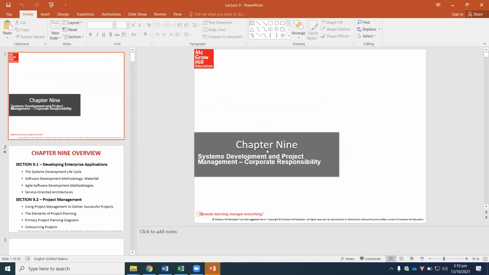Apart from that, you should know what is project management, what is a project, what is a project milestone, what is a project deliverable. And moreover, the reasons for one to go through a project management phase. Also know about outsourcing, the different types of outsourcing, and the advantages and disadvantages of outsourcing.